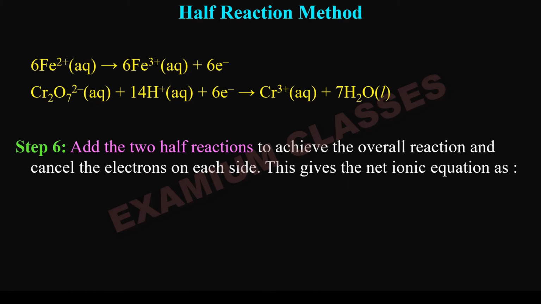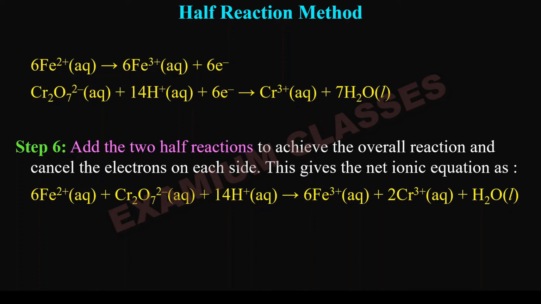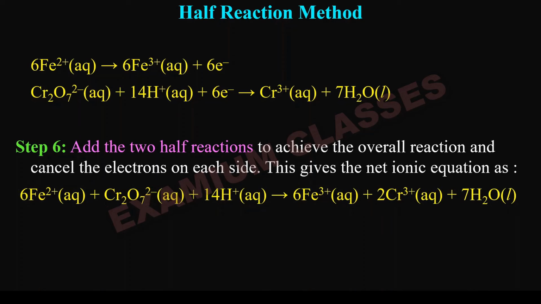So we got these two reactions after equating the electrons, add these two, and we will get the final balanced equation. You have 6 iron here, you have 6 iron here, you have 2 chromium, you have 2 chromium, you have 7 oxygen, you have 7 oxygens, you have 14 hydrogens, you have 14 hydrogens. Everything is balanced, and that is the answer.